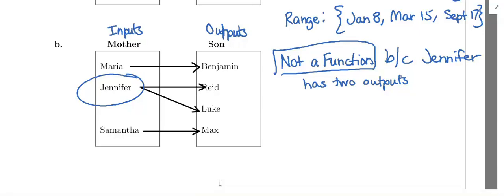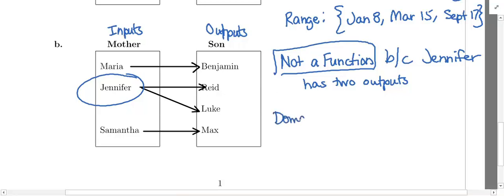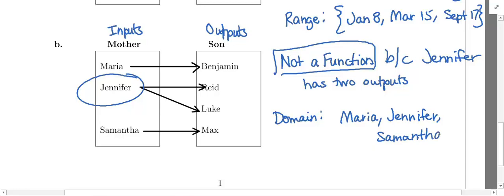Even though this relationship is not a function, we can still write down its domain and range. For the domain, we're going to list all the inputs, so all the moms, so list their names, Maria, Jennifer, Samantha, separate their names with commas. And then remember, since we're listing out the names here, we need to enclose the names in curly braces.